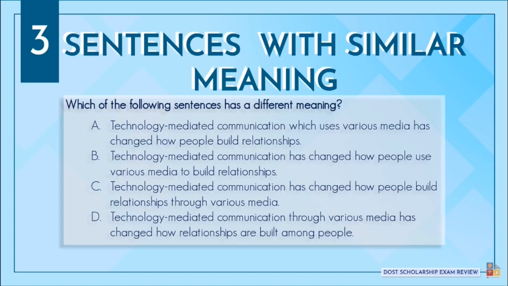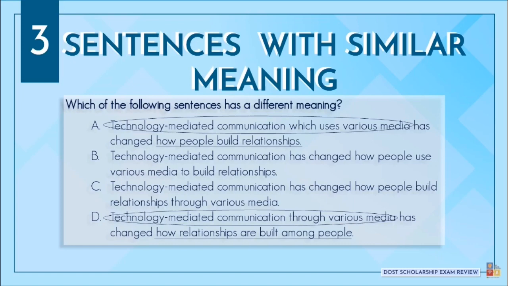The question is, in each option, what change did it bring about? We find letters A and D in a similar format. In letters A and D, what changed is how people build relationships, or how relationships are built among people. So these are similar sentences.